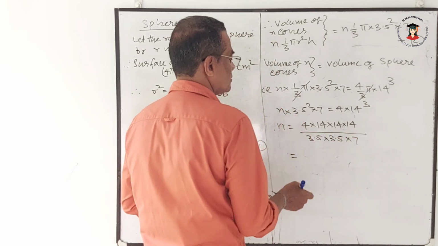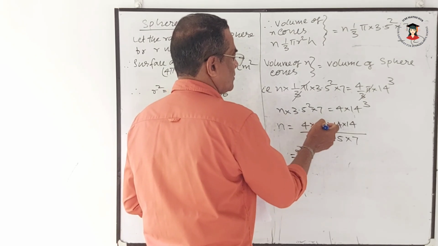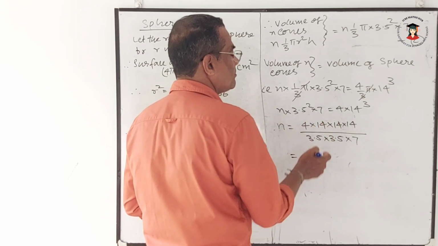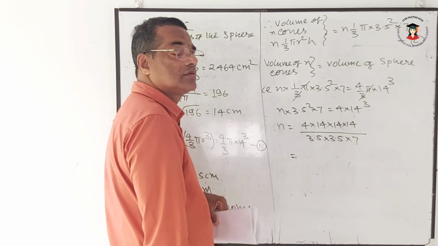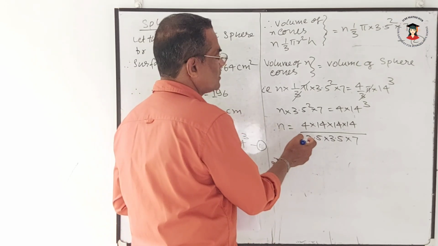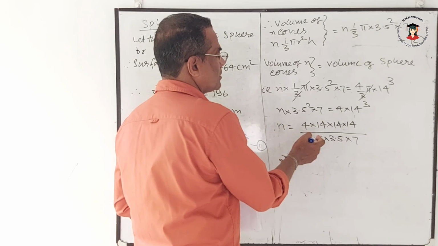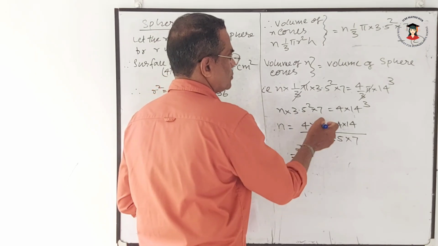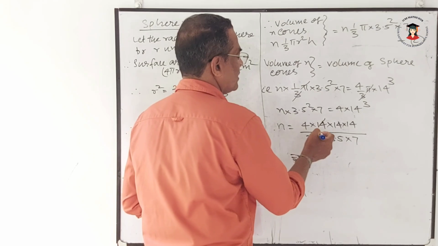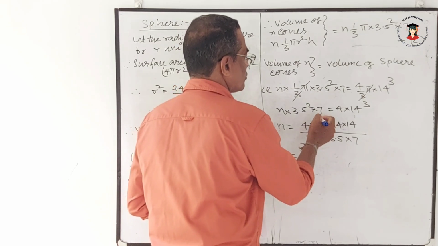So this is equal to 14 by 3.5. That is equal to 4. 4 into 3 is 12. Then 4 into 0.5 is 2. So 14 and 3.5 will give you 4.